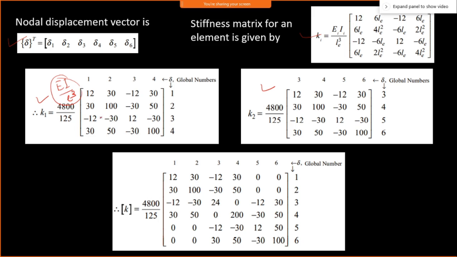When you are assembling, these two equations and these two equations will get added up, and they will be added in these particular locations. This is the way you can determine the global stiffness matrix.